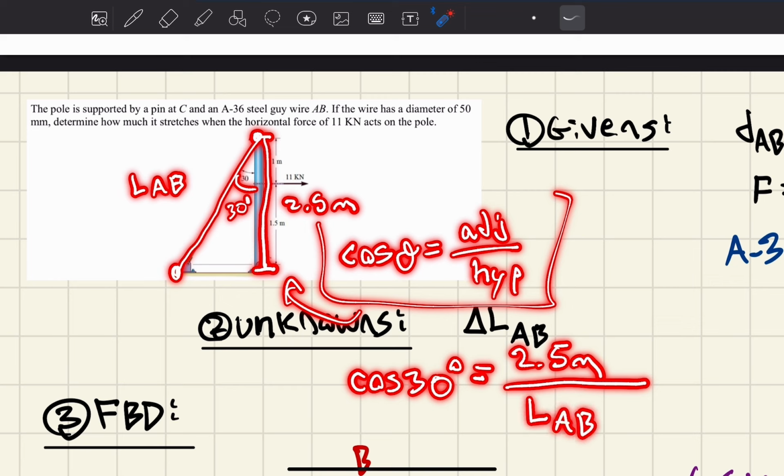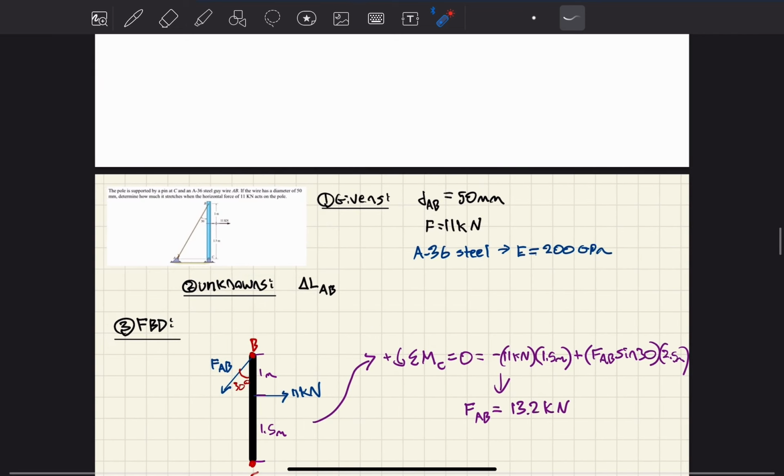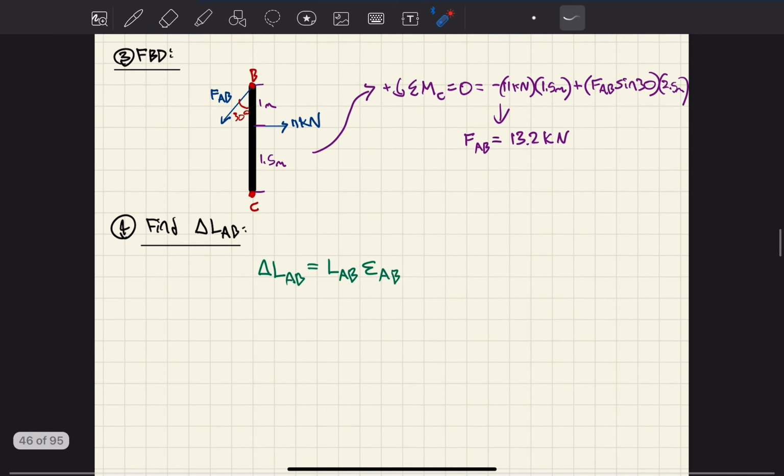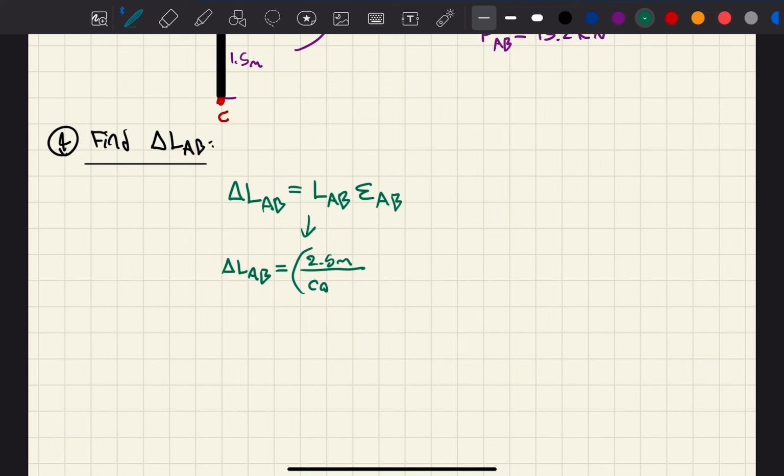I rearrange a bit and get that LAB is equal to 2.5 meters divided by cosine of 30, square root 3 over 2. So we can rewrite that, actually, let's rewrite it in the proper colors. So delta LAB is equal to 2.5 meters divided by, let's keep it as cosine 30.